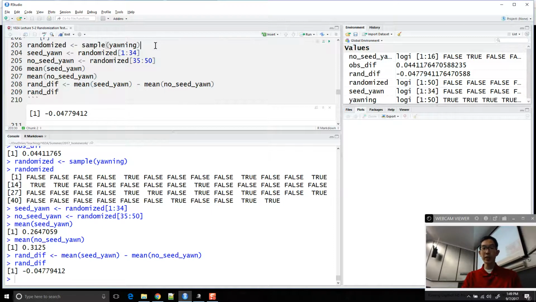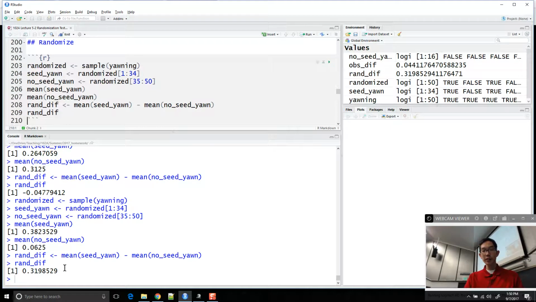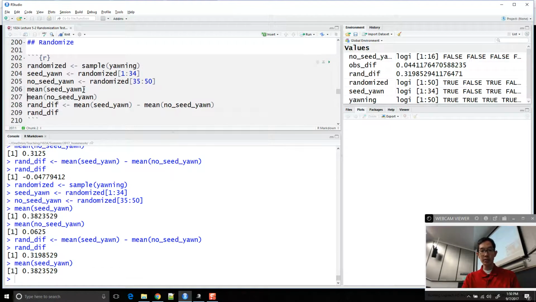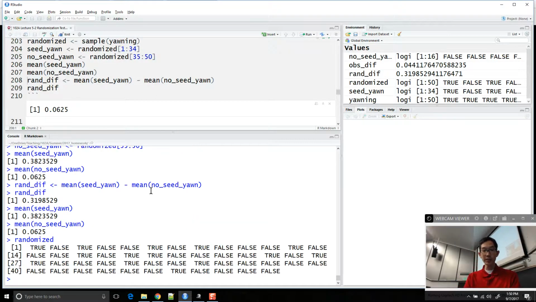All right, and every single time we can keep track of the difference that we got between the seed yawn group and the no seed yawn group. Here, just based on randomization, I happen to get a very large difference.